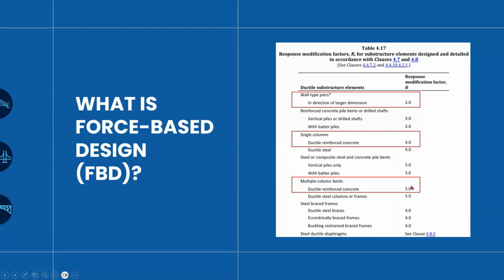The reason is quite simple. In a single column structure, the failure of the structure will happen once the column fails. And when we have multiple column bents, there is a high chance of energy dissipation depending upon the different column scenarios or column configurations that we have, and hence the energy dissipation is high, and so is the ductility, and that's the reason why we have a higher response reduction factor in the case of these structures.